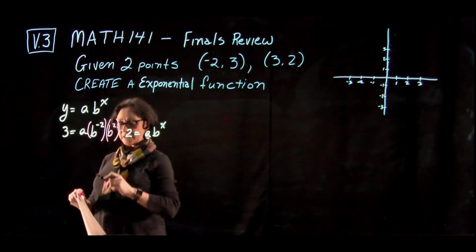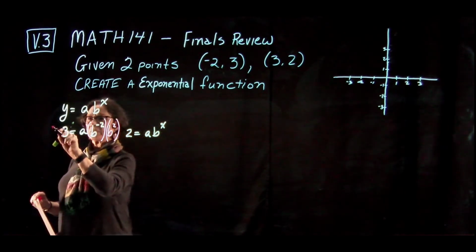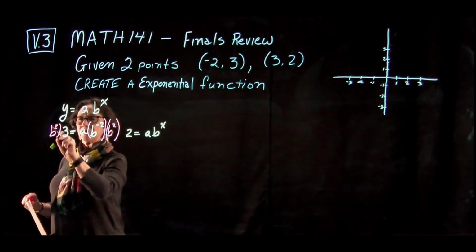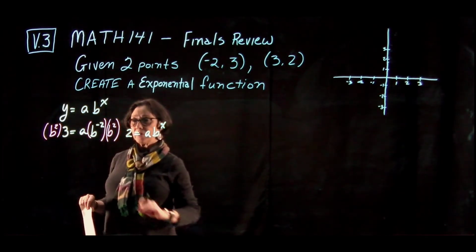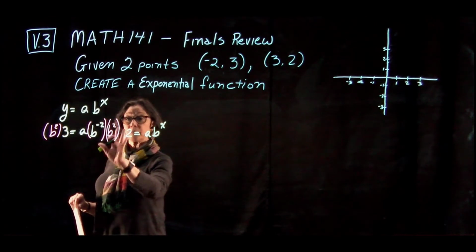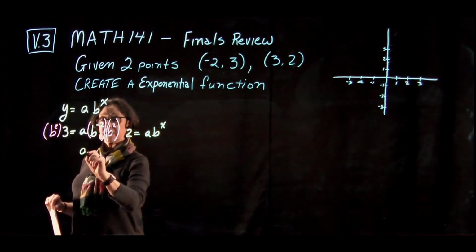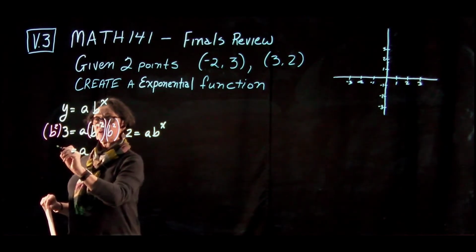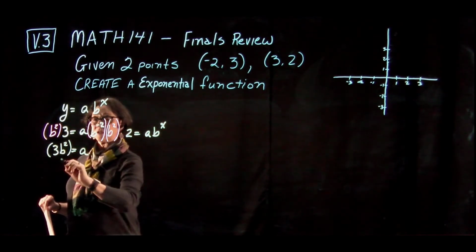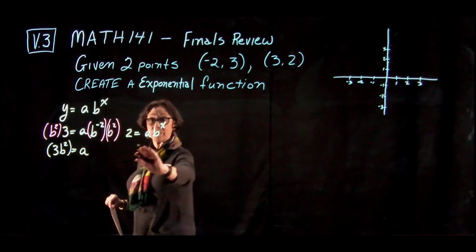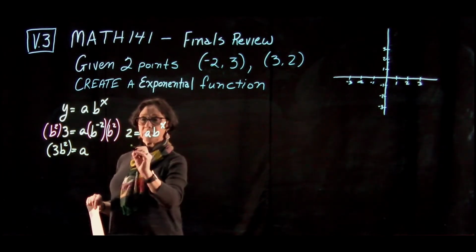If you add these exponents together, you'll find that the exponent becomes 0. So b to the 0 on the right-hand side is the number 1, and we're left with a equals 3b squared.